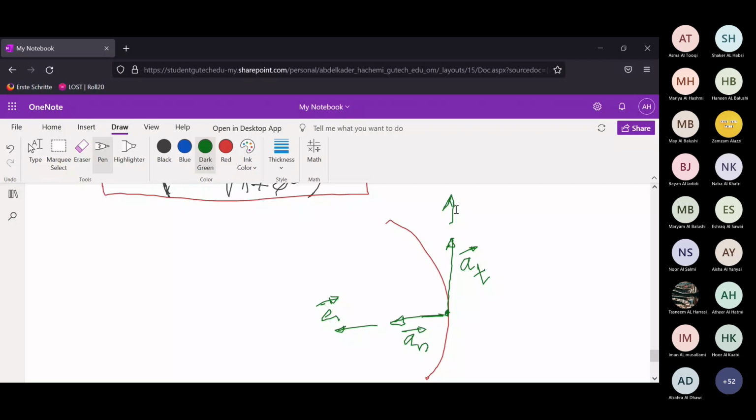That means the vector A is the summation of the two vectors an and at. This is the vector of A.